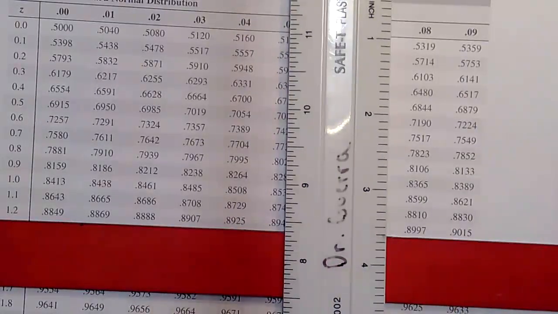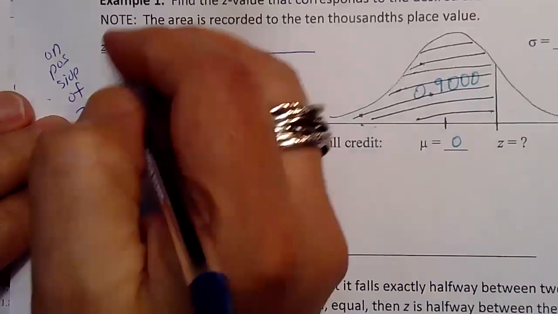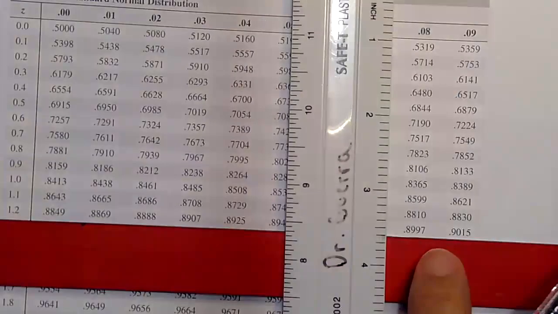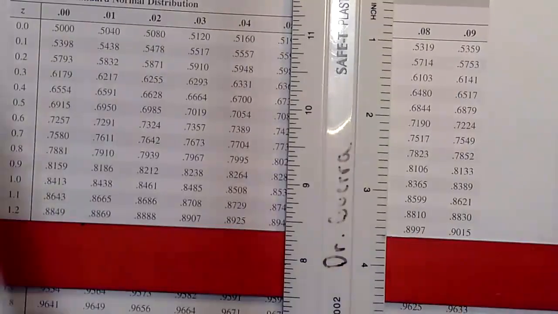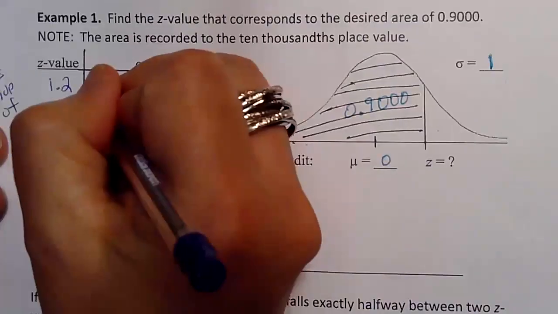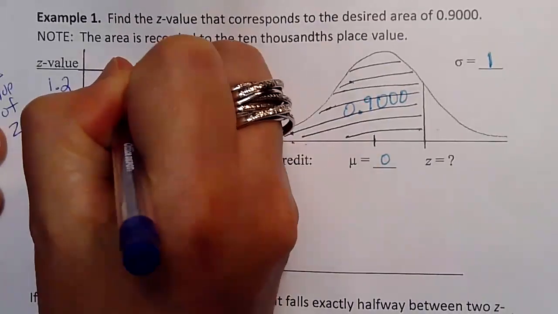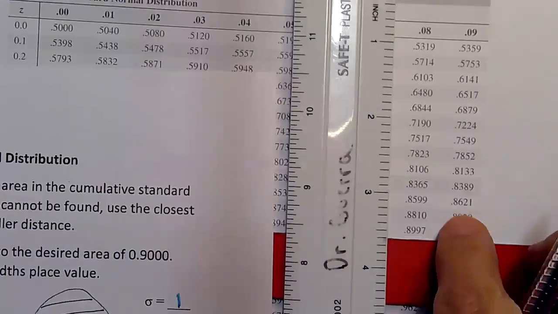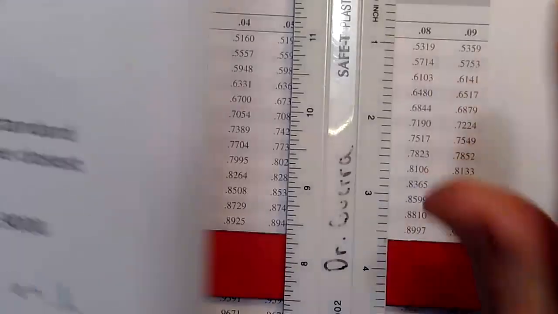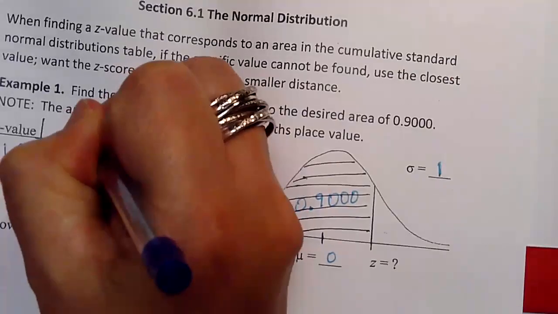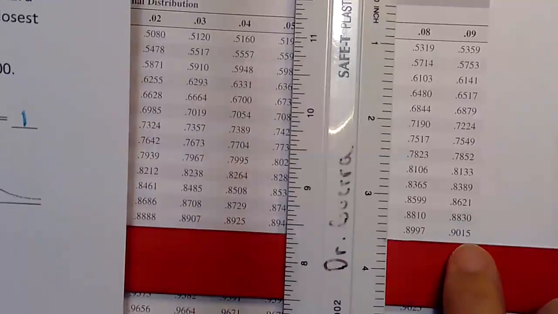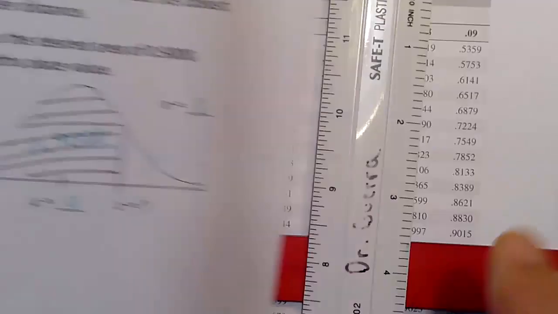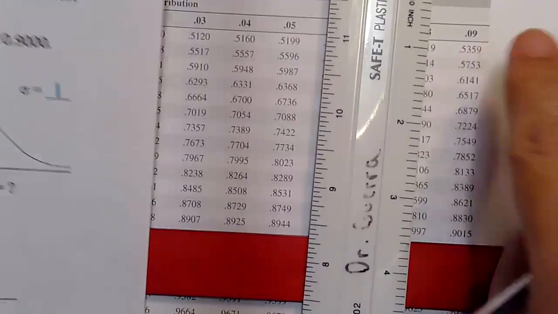So I'm going to record the 1.2. And I'm going to record this 0.8997. And that's related to 0.08. And then I'm going to record 0.9015. And that's related to 0.09.